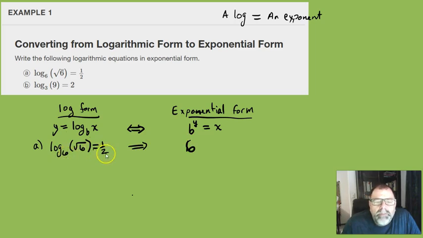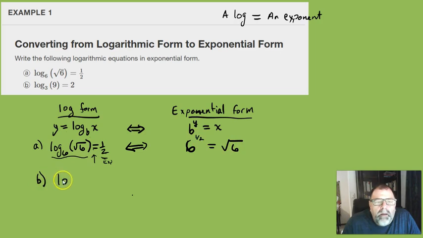Log equals exponent, right? So log equals exponent. This is my exponent for the base 6. 6 to the 1/2 power equals square root of 6, which you should know from the definition of rational exponents. Right? So square root is the same thing as 1/2 power.